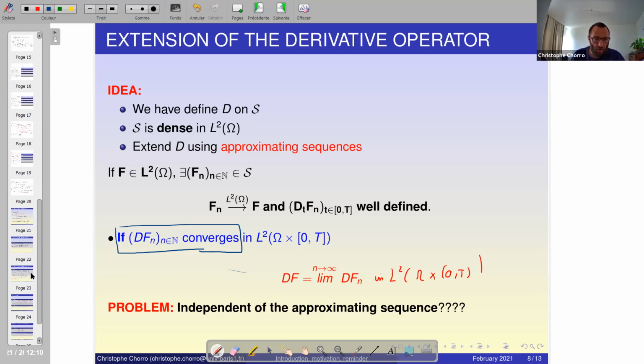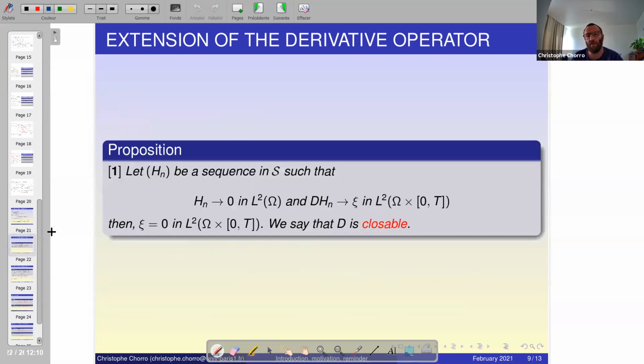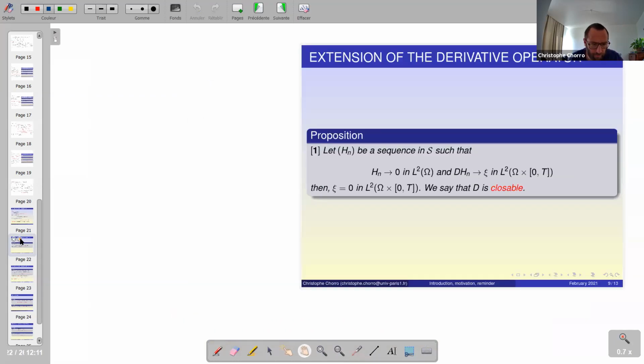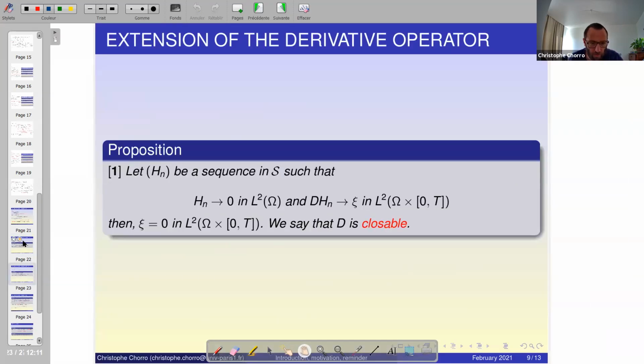The result we are going to prove is this proposition, which will allow me to define the derivative using the previous idea in a way that is unambiguous. I just duplicate it in order to do the proof after.